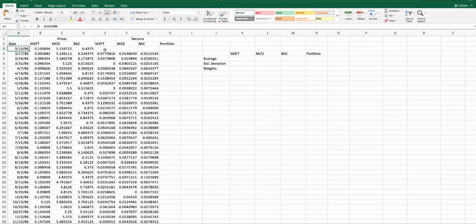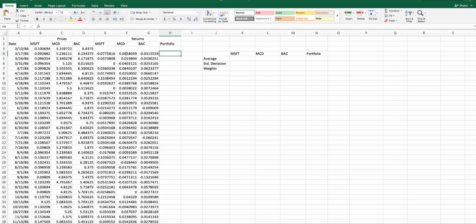We don't have that, so it's not possible to compute the returns for that week. So whenever you're calculating return, you always get n-1 returns. If you have n prices, you'll get n-1 returns. All right, we'll come back to the portfolio in a little bit.